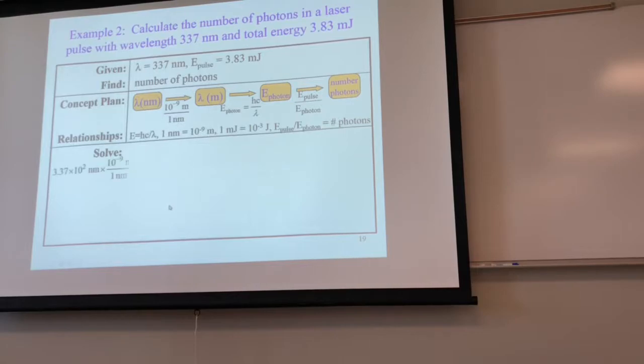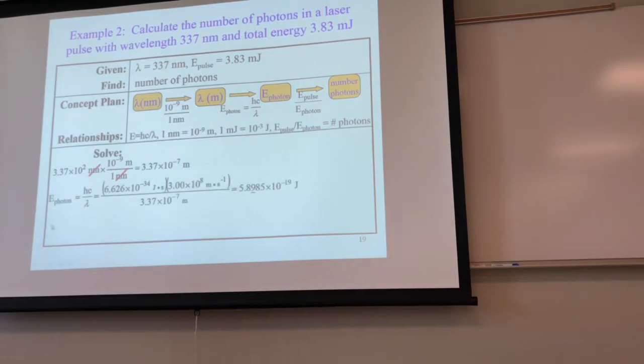And here's how you plug the numbers in. This will convert our nanometers into meters. We'll just multiply that by 10 to the minus 9th to get meters. The reason we want to do that is you need to use that number in the second equation. So the energy of one photon is equal to Planck's constant times the speed of light divided by the wavelength. Planck's constant is here, that's in joule seconds.